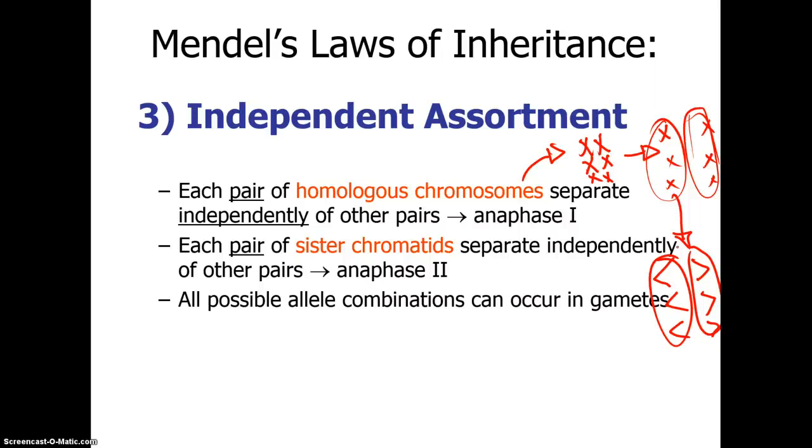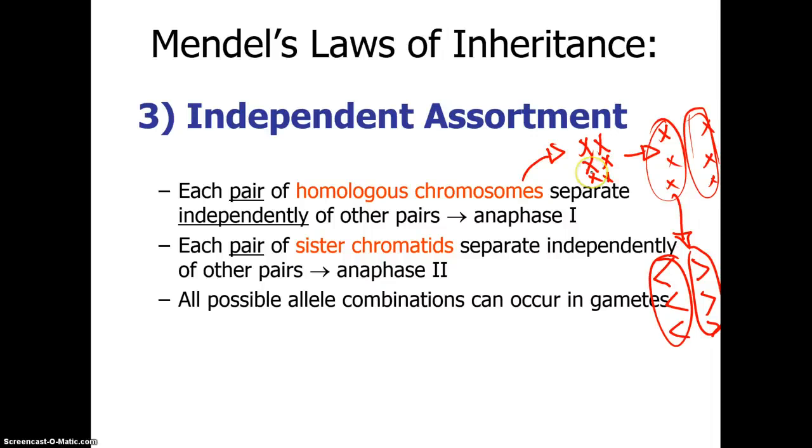All possible allele combinations can occur in gametes. That's because of this independent assortment. Independent assortment, guys, we talked about before when we talked about meiosis. It means that it's a total random mix between mom and dad chromosomes.